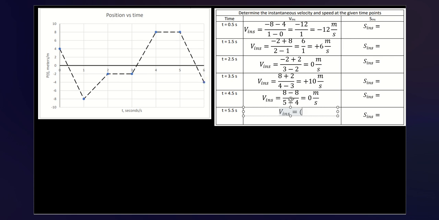So the slope of that is going to be, of course, our y-coordinate -4 minus our y-coordinate of 8 divided by our x-coordinate of 6 seconds minus our x-coordinate of 5 seconds. -4 minus 8, that would be -12, divided by 1. That is going to, of course, be -12 meters per second.